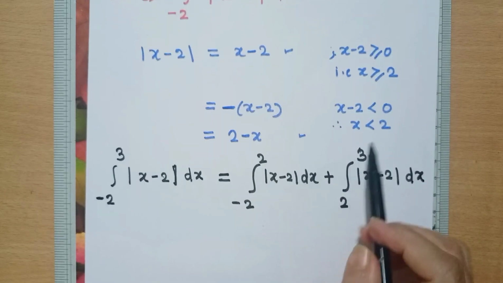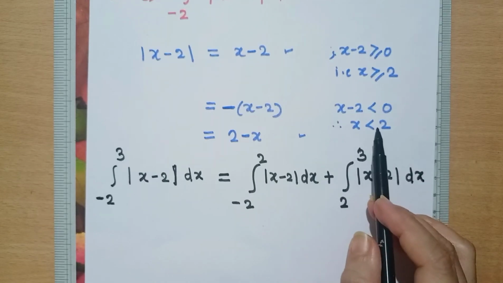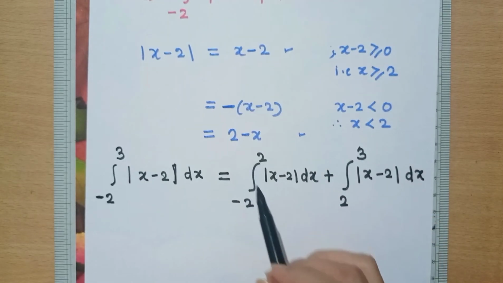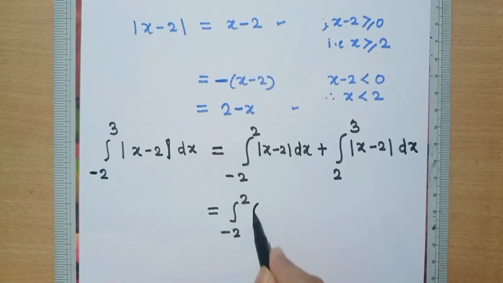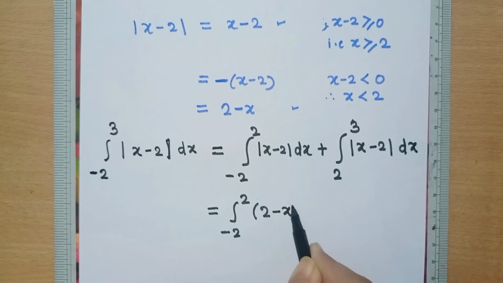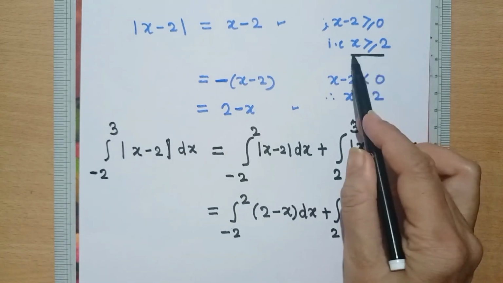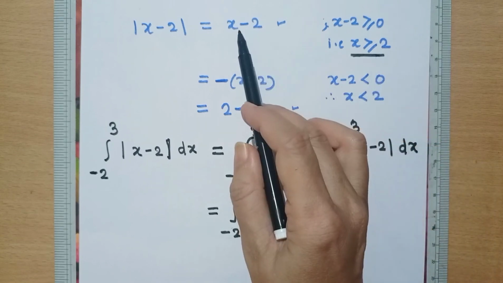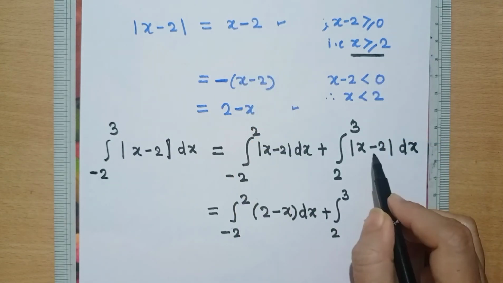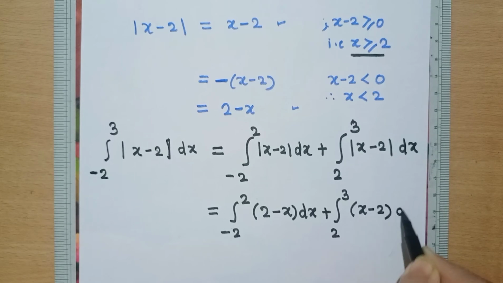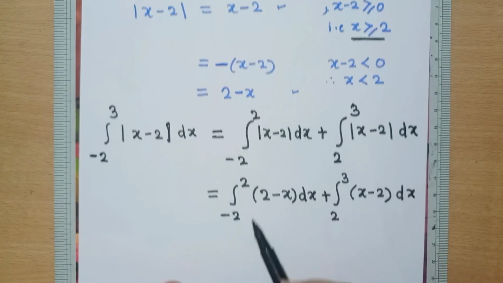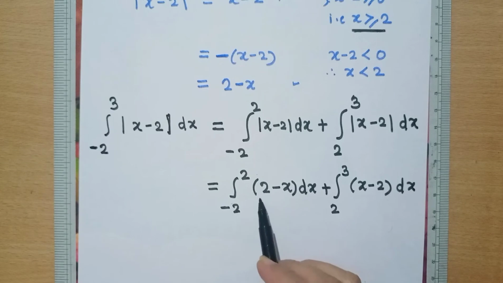Now we know that for x less than 2 the function is 2 minus x, so for mod x minus 2 we write 2 minus x dx, and for x greater than or equal to 2 the function is x minus 2. So we write x minus 2 dx, and this is very easy to integrate now.